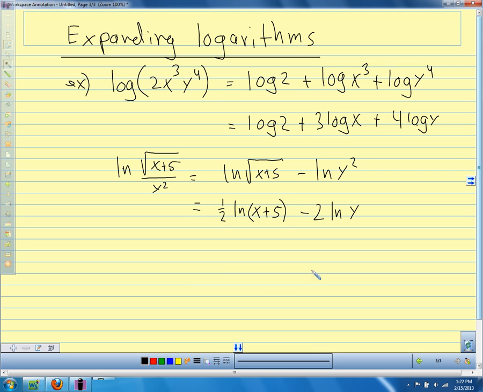So to expand logarithms, we're just using our properties of logarithms to expand this out. Yes? So would that be the final answer? This would be the final answer. If it said to expand this logarithm, that would be the final answer. This would be the final answer for the first one.